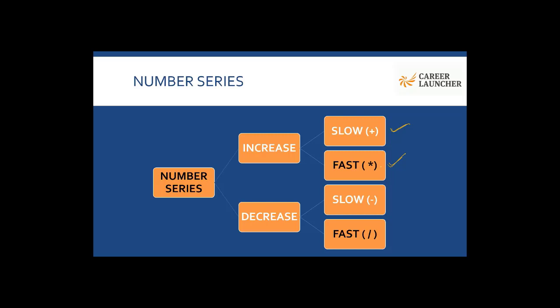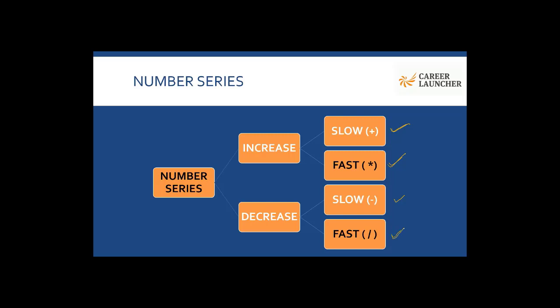If you see a constant decrease in the number series, again we infer on the basis of whether the decrease is slow or fast. If the decrease is slow, then you can conclude that probably subtraction is being used here. If you see a rapid decrease in the numbers, it can help you infer that division must have been used here.